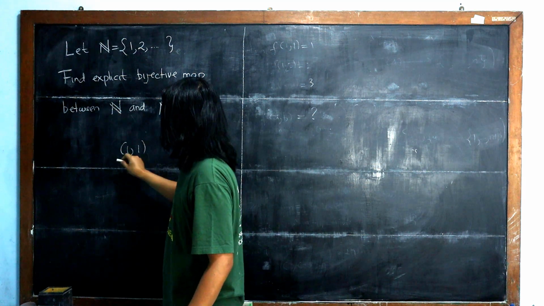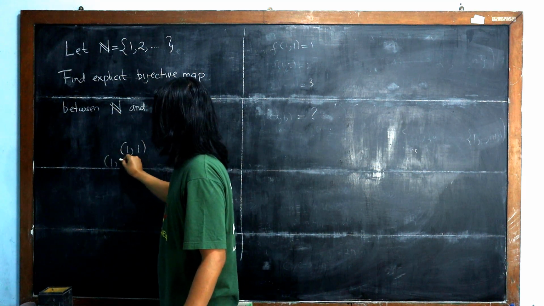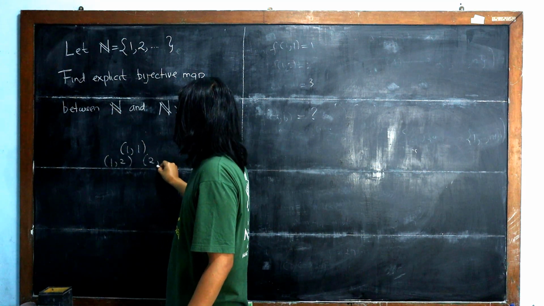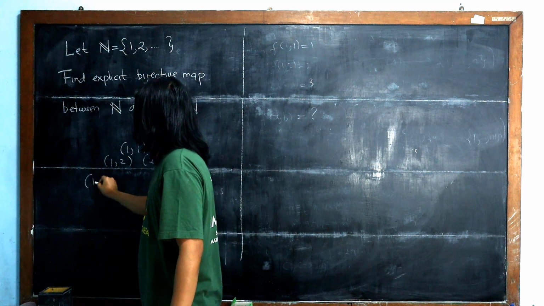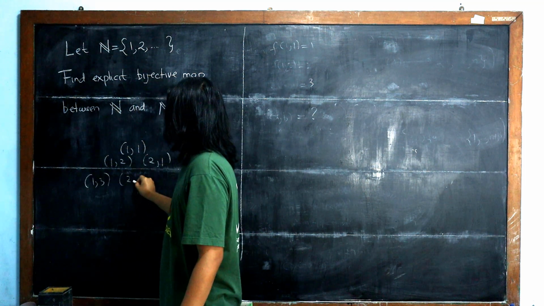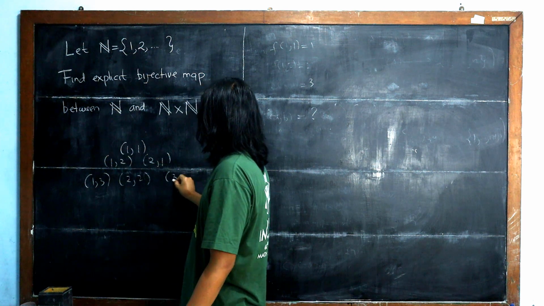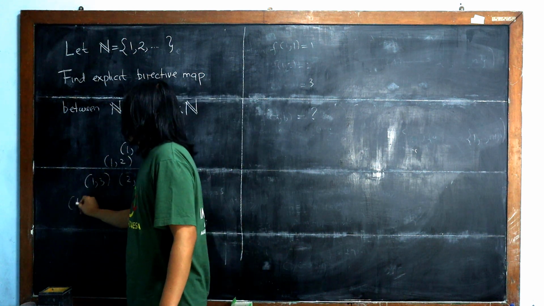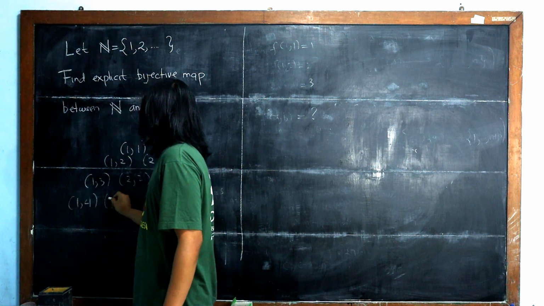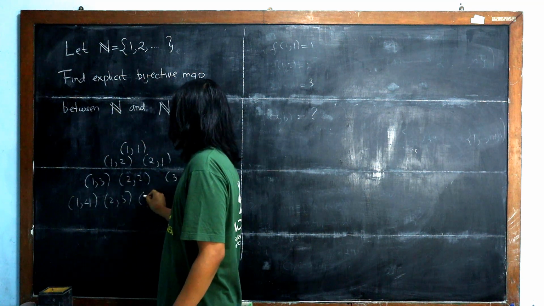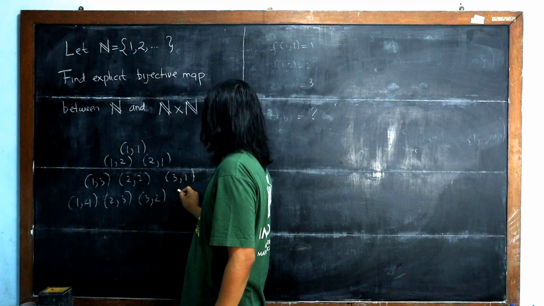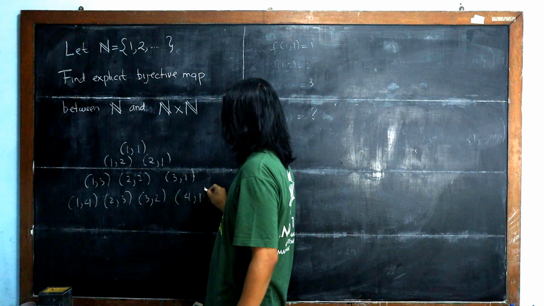Okay, (1,1), (1,2), (2,1), (1,3), (2,2), (3,1), (1,4), (2,3), (3,2), and then (4,1).